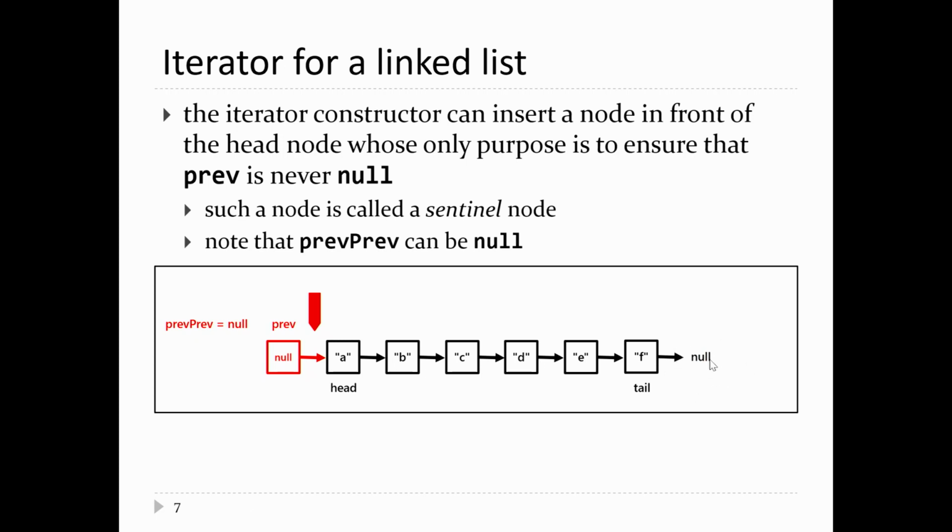If you implement it that way, you don't have to worry about the special cases anymore, because in the empty list there's always a node at the front and a node at the back. So there is a way to implement linked lists using these sentinel nodes. It's debatable whether that saves you a huge amount of work, but it is useful to make sure that you never have to deal with the special cases.